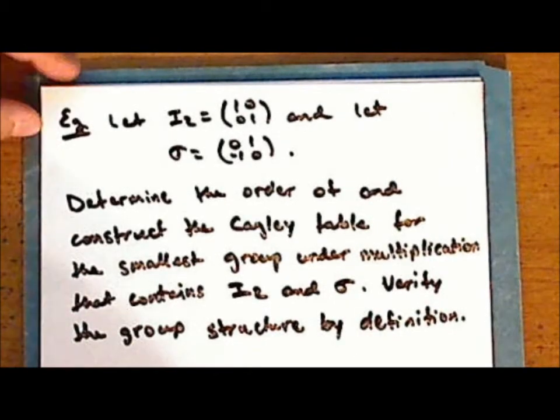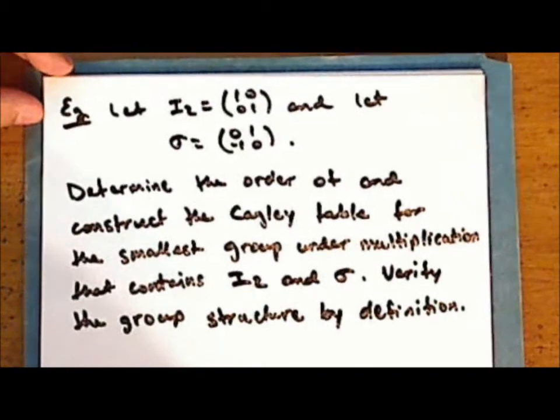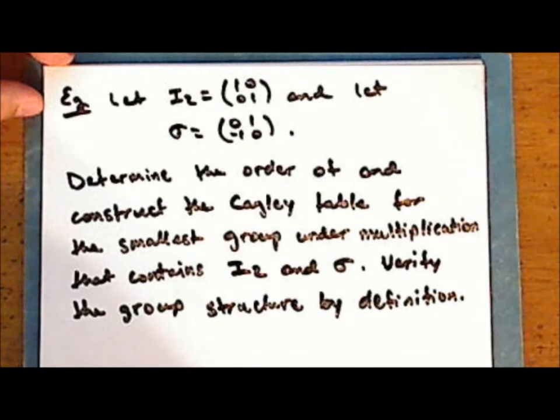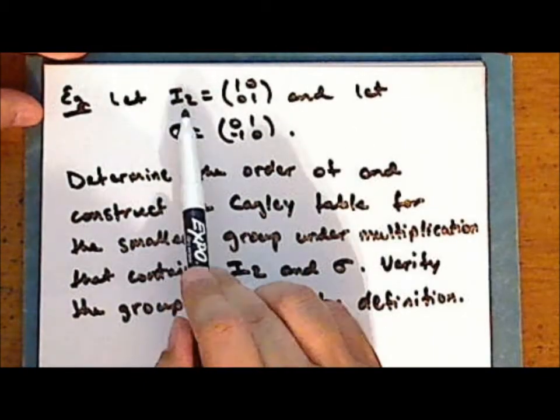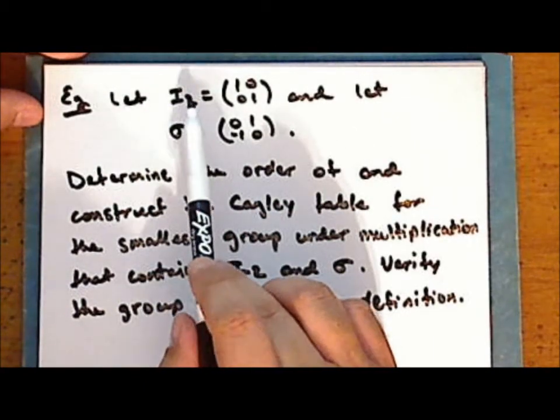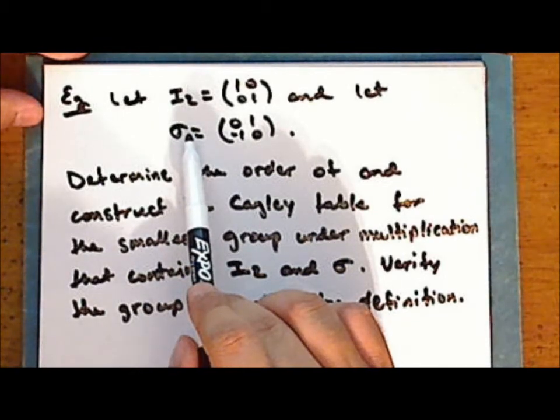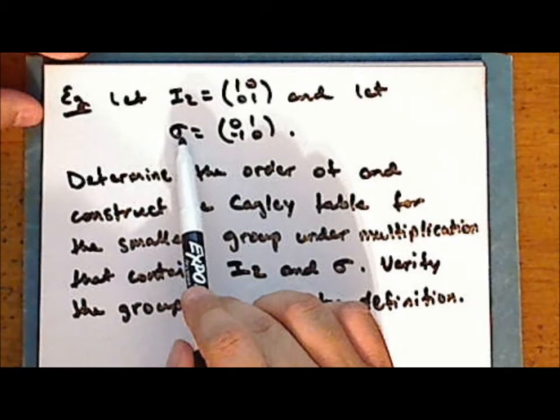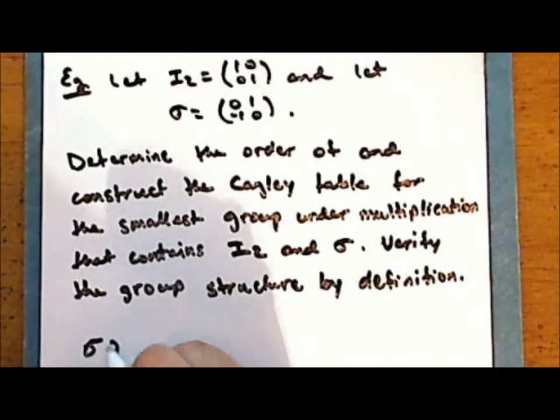Okay, so in order to have a group, we must first have a magma, so we need closure under the operation of multiplication of the elements. Now, identity times identity is identity, and identity times sigma in any order is sigma. And so now we calculate the product, sigma times sigma.